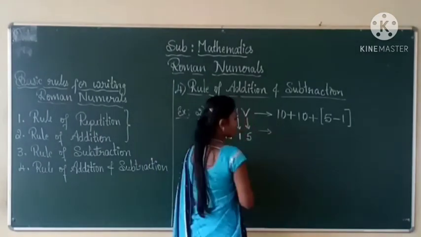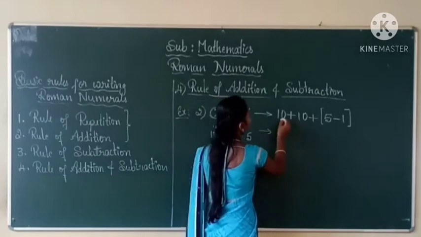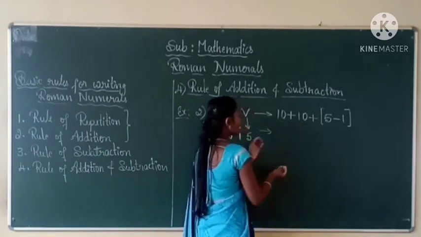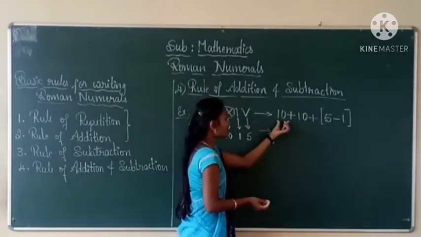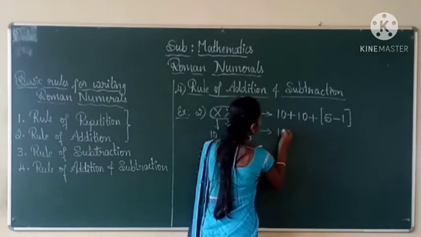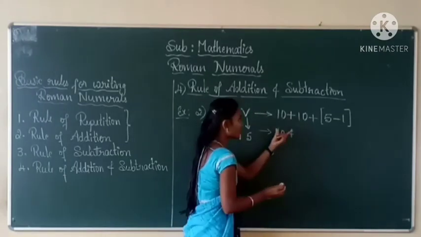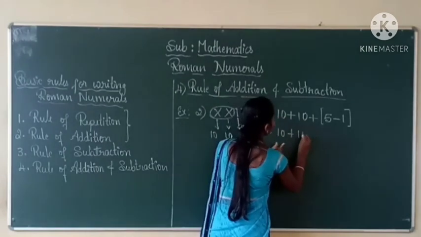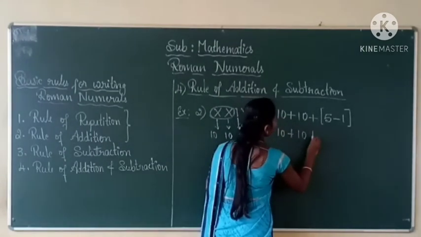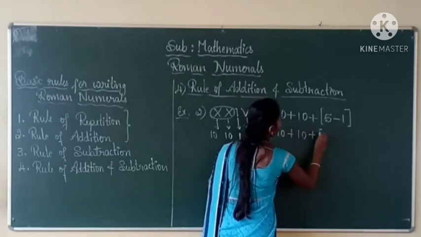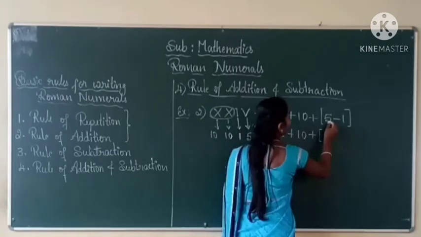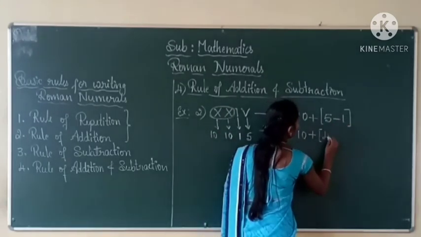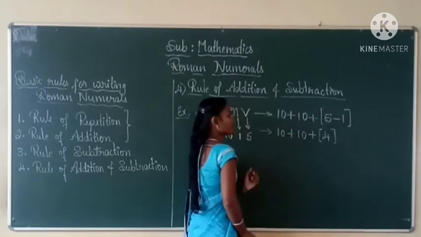Before adding this, let us write as it is. 10 plus 10 plus, open the bracket. 5 minus 1 is 4 and close the bracket.